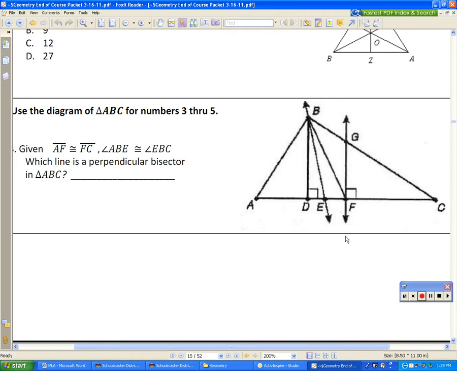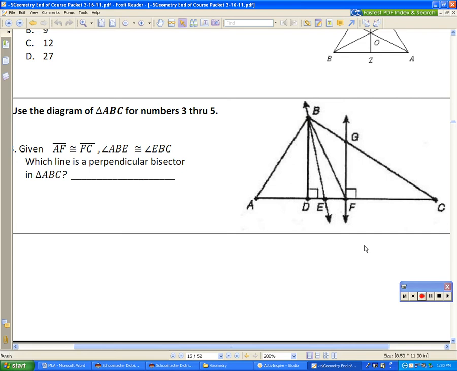GF. Why do you say BD? Okay, because it's one of the two choices and it just seemed like it. The answer is GF, because that one is also bisecting this side right here, okay? So a perpendicular bisector has to be two things. It has to be perpendicular to one of the sides, which both of these lines are.